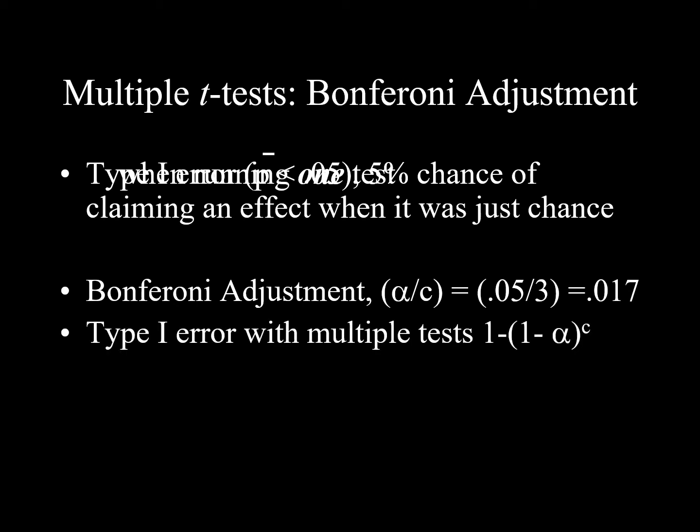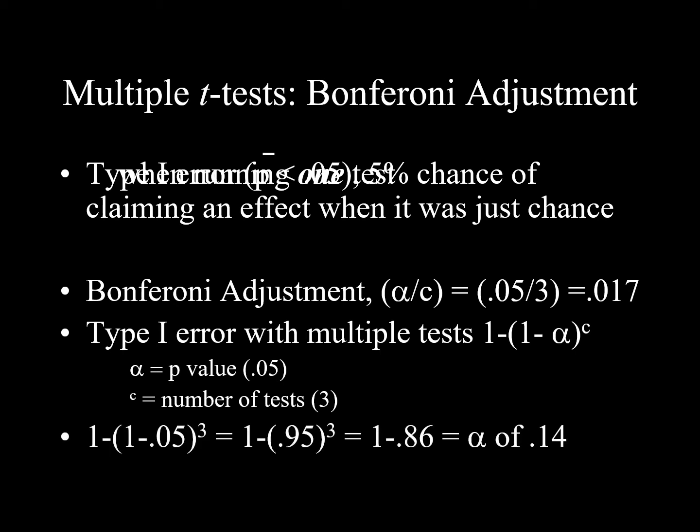So again, if you wanted to estimate the type 1 error with multiple tests, in other words, what's the chance of me actually making a mistake, we can use this equation, which is 1 minus the quantity 1 minus alpha raised to the power of the number of tests. So alpha is our p-value of 0.05, C is the number of tests, and for example, if I was going to run 3 tests, 1 minus 0.05 is 0.95, 0.95 raised to the third power is 0.86. 1 minus 0.86 is 0.14.